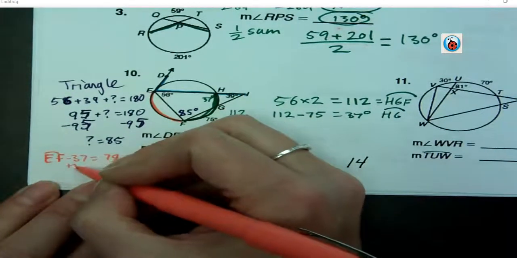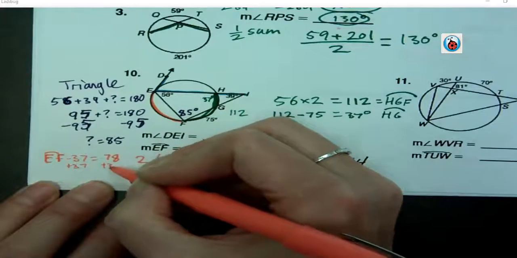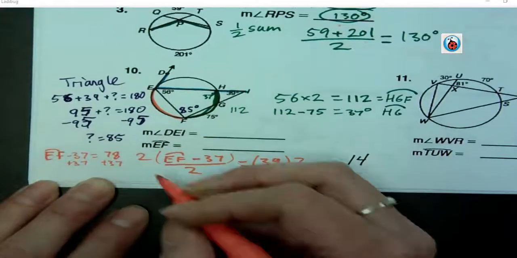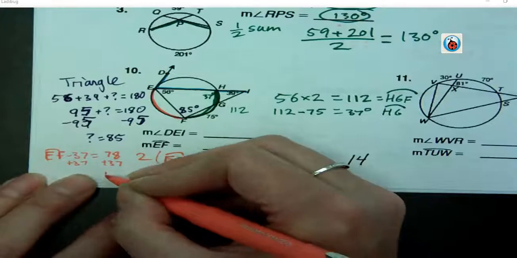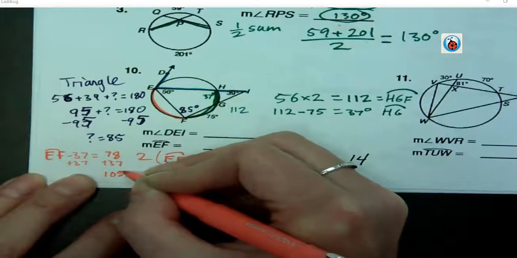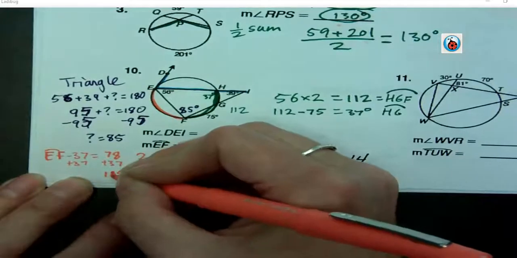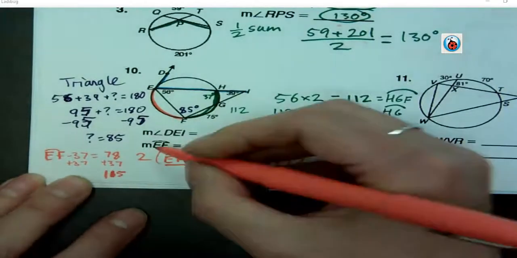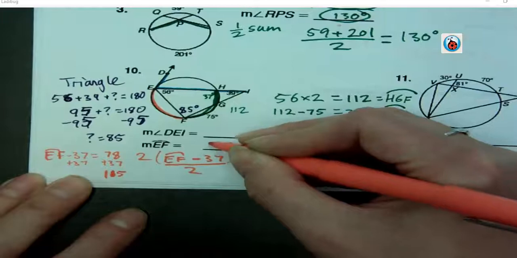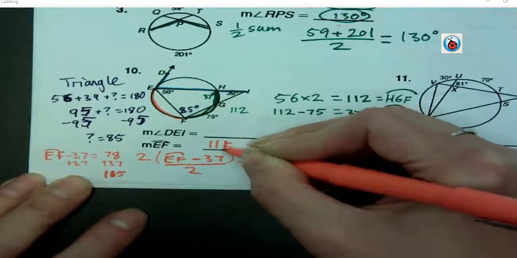And then I add 37 to find EF equals 105. Sorry, 115. And so arc EF equals 115 degrees.